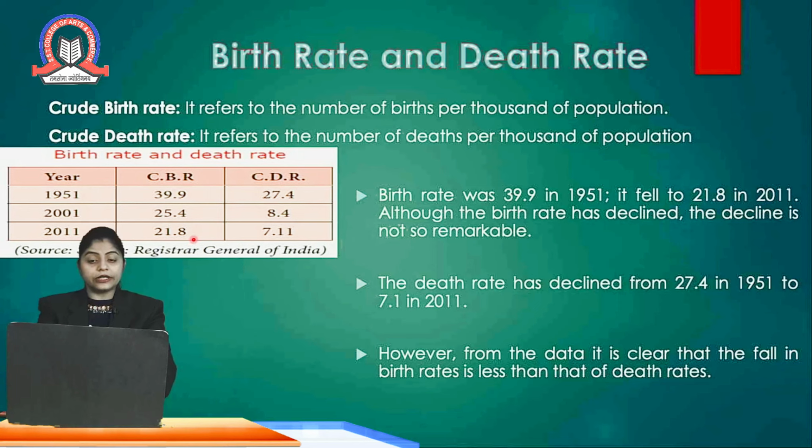Although the birth rate has declined, the decline is not so remarkable. If I talk about the death rate, it declined from 27.4% in 1951 to 7.1% in 2011. So we can see clearly from this data that the fall in birth rate is much less than the fall in death rate.